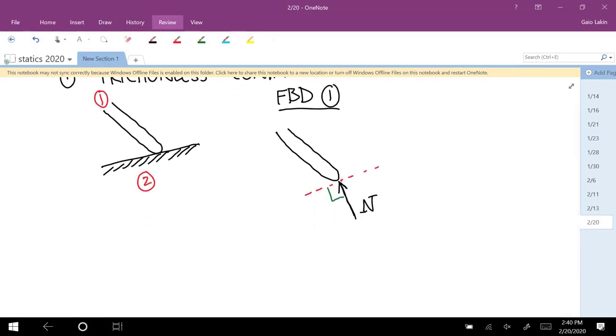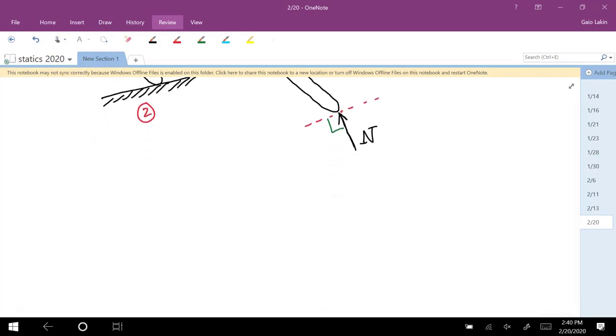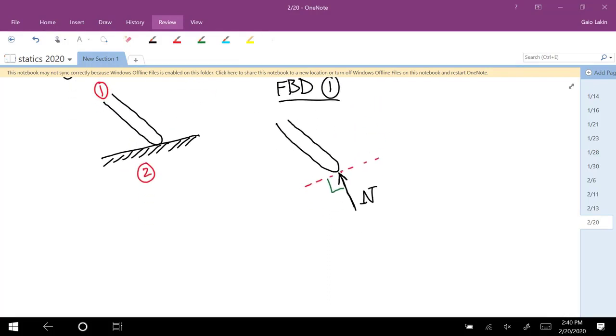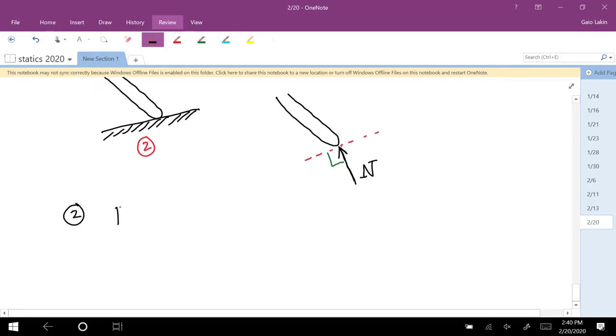And the second type in 3D is a roller. So one thing that you have to be careful with now in 3D is that now we're talking about rollers that can move freely in any direction.